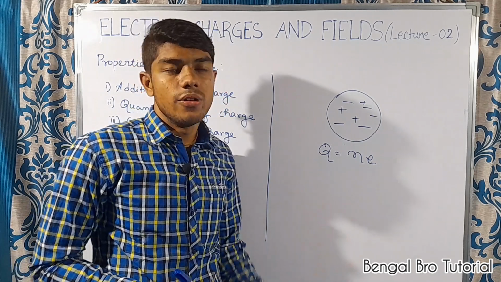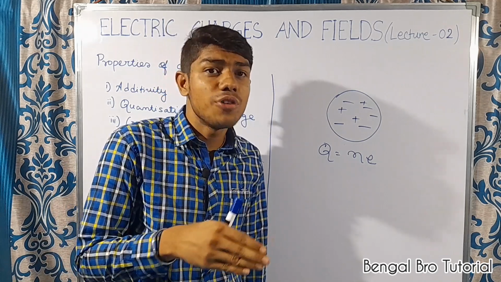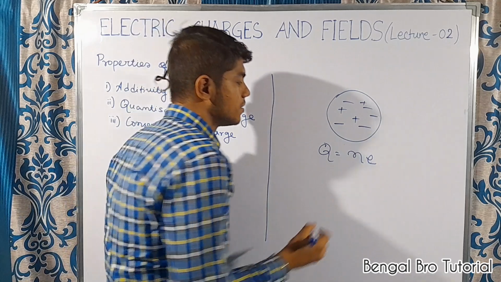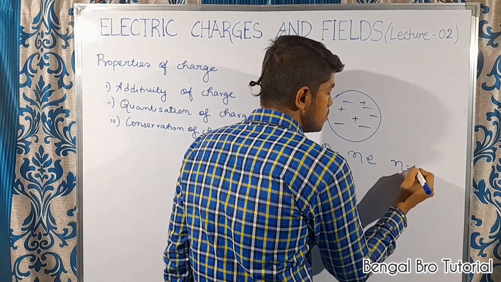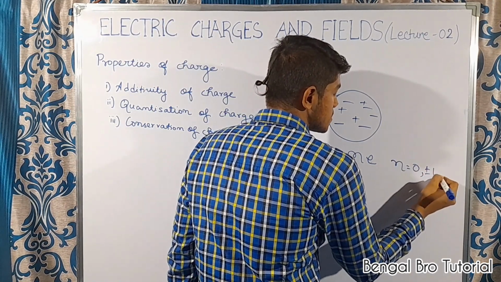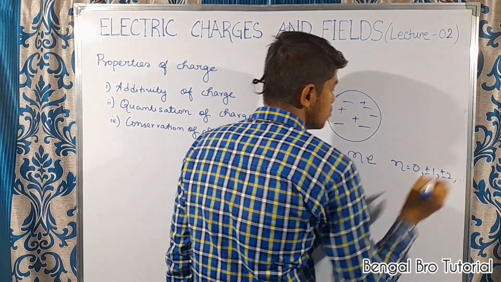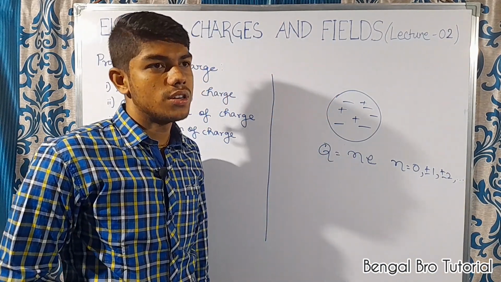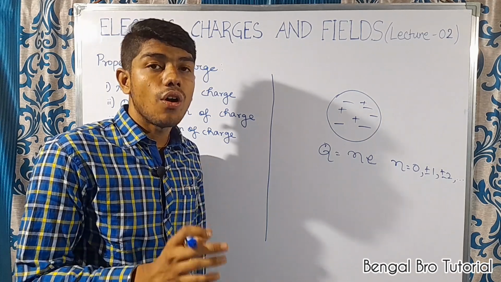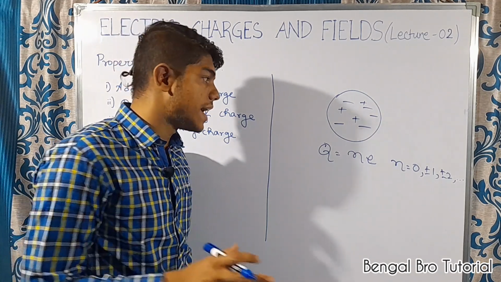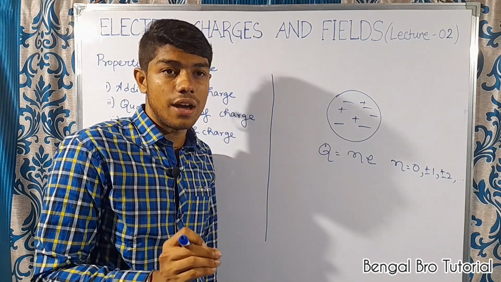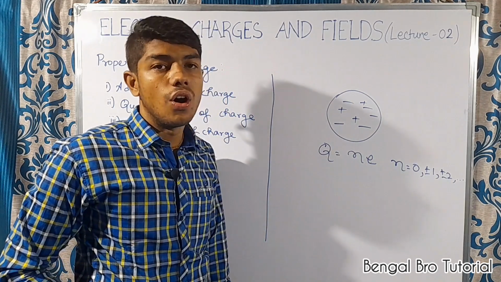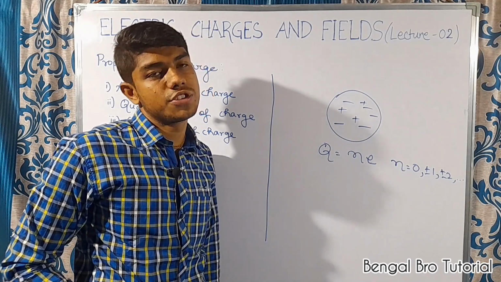Obviously you cannot transfer half an electron or 2/3 of an electron. That's why n can have values equal to 0, plus or minus 1, plus or minus 2, and so on. This is called the quantization of charge, which means that charge can only have values that are an integral multiple of a basic quantum of charge.